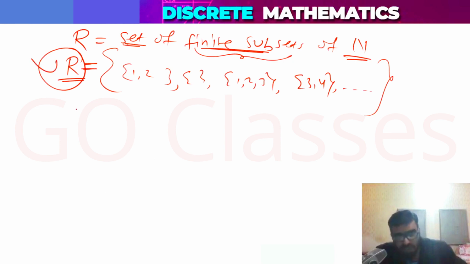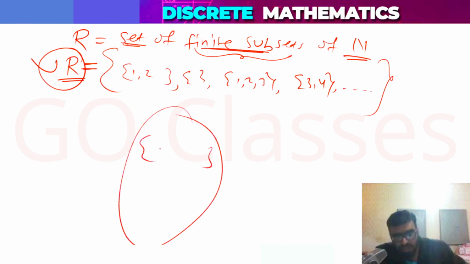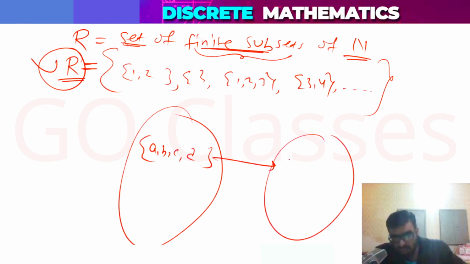So can anyone apply the countability lemma? Using the countability lemma, can anyone give me the proof, what I should do? Let's assume I have this element A comma B comma C comma D, then to which natural number should I assign it?